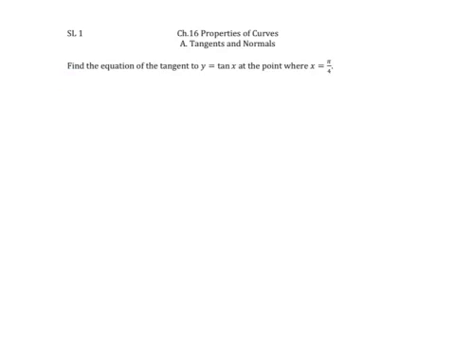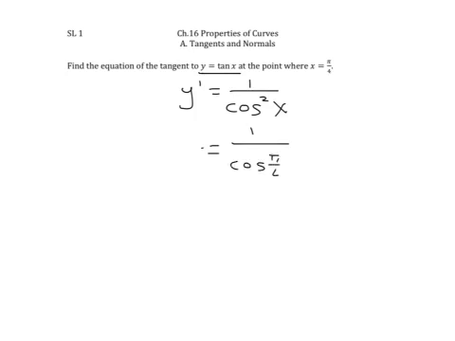And this time let's work with some trig equations. Find the equation of the tangent to y equals tangent of x at the point where x is equal to pi over 4. First let's take the derivative of tangent, which is 1 over cosine squared x. If I plug in pi over 4 for x, I have 1 over cosine of pi over 4, and then the whole thing squared.